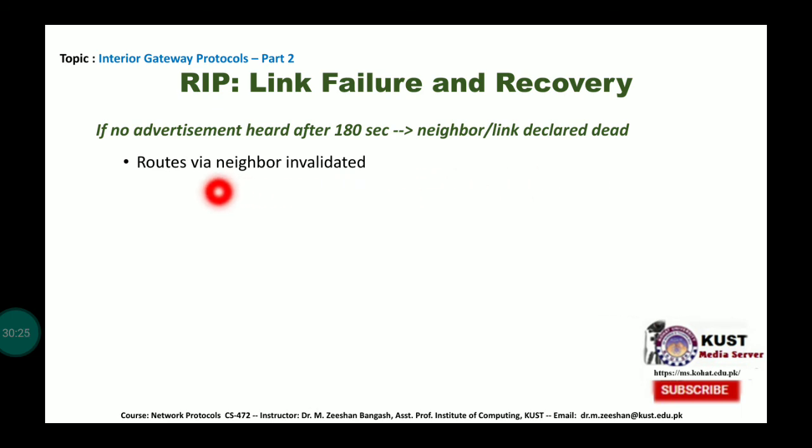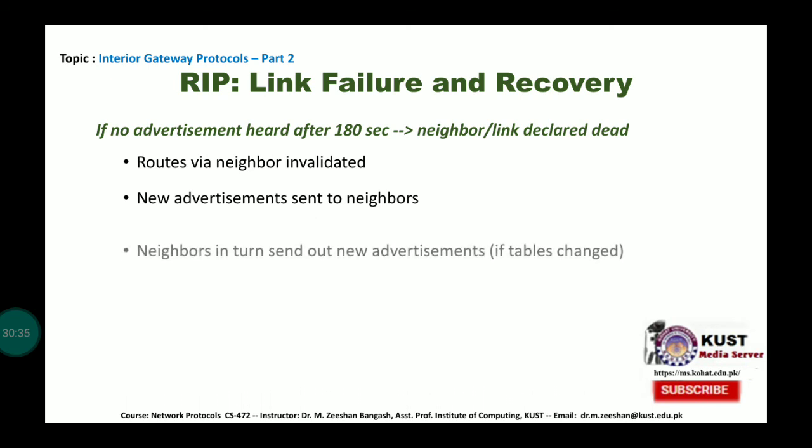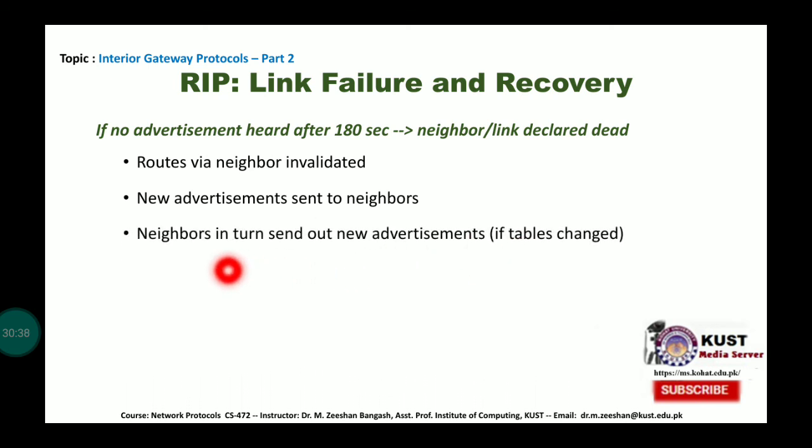Now no information is routed via that invalidated neighbor link, and a new advertisement is sent to the neighbors about that dead link, and the neighbors in turn send out new advertisements if their table is changed. So the link failure information is quickly propagated to the entire network.